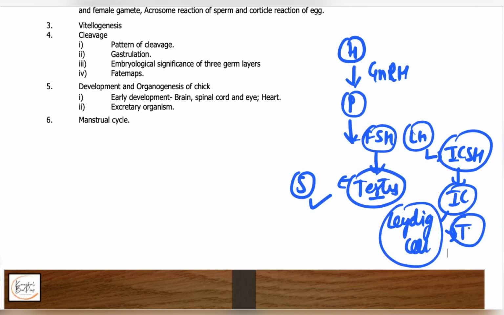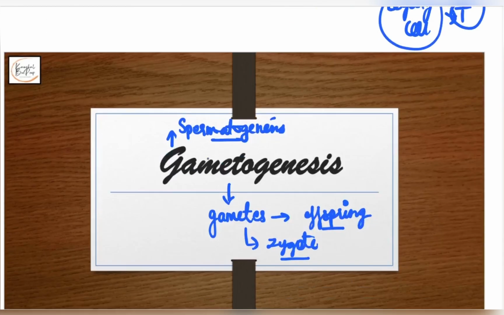This is the main androgen. So that's how the testosterone, the male sex hormone, is basically produced with the help of the GnRH, normally from the hypothalamus. Okay. So the sperm production, which is basically the spermatogenesis, is under the control of these two hormones.